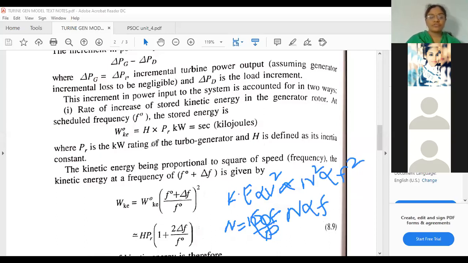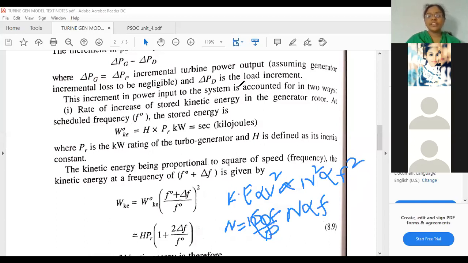So from this we can write that normally you know that kinetic energy is nothing but moment of inertia into power, H into PR, and PR is nothing but the rated power we are taking in this. That is represented with kilowatt rating, and H is the inertia of it.